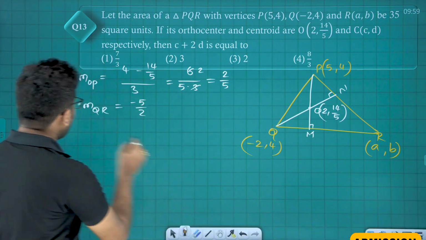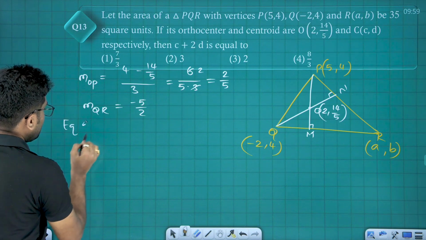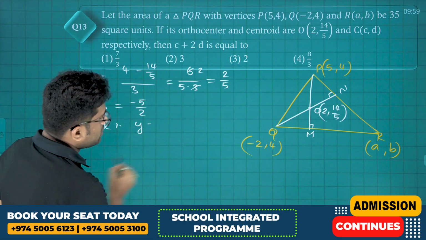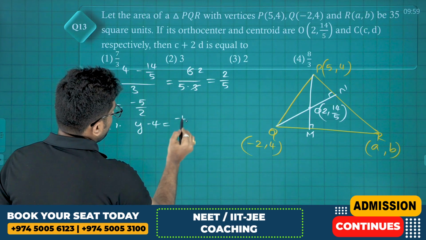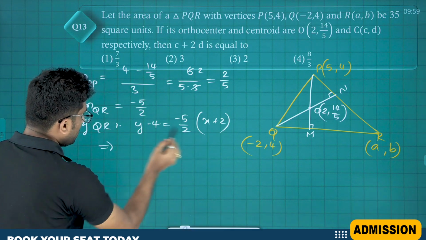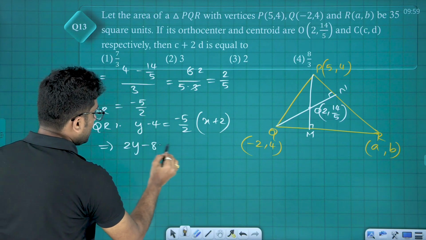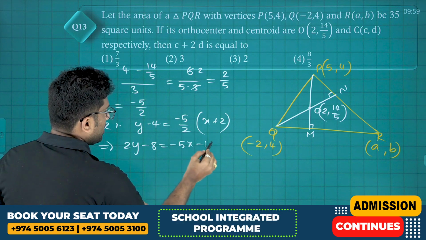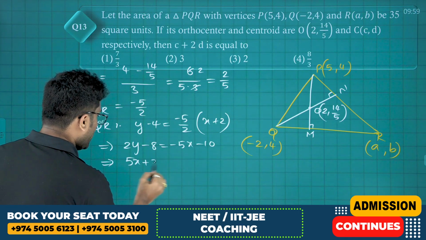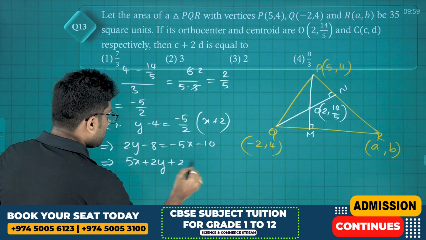So the equation of QR is y minus y1 is equal to m of x minus x1. From here we get 2y minus 8 is equal to minus 5x minus 10. 5x plus 2y plus 2 is equal to 0.